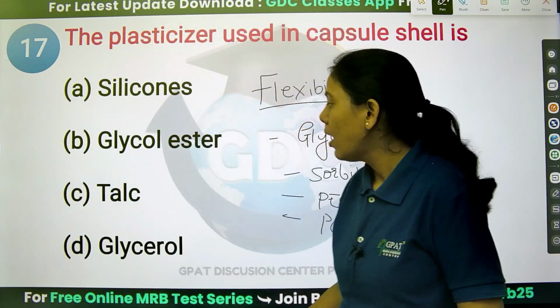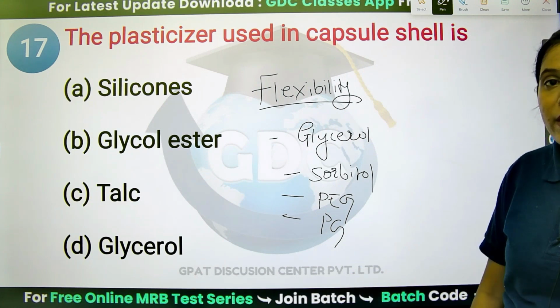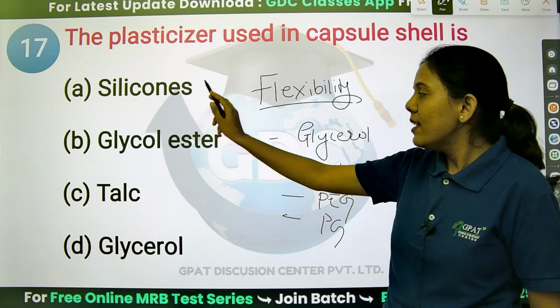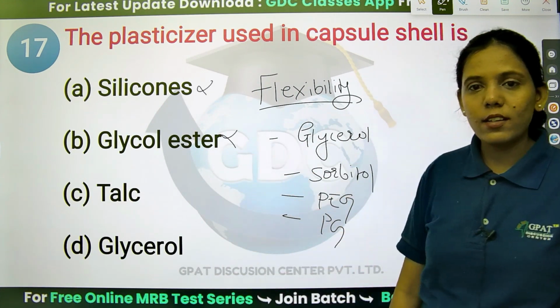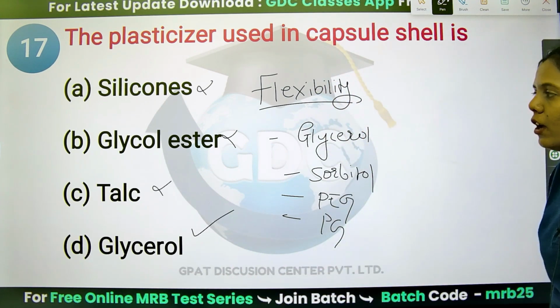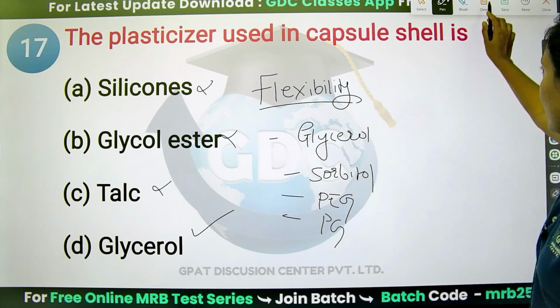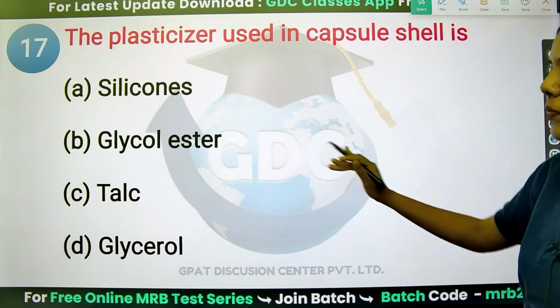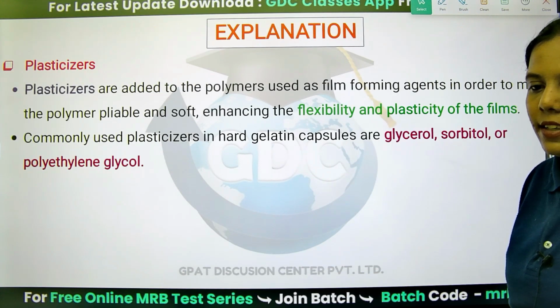So these are the plasticizers that we use in the soft gelatin capsule. Silicones are not there, glycol esters we are not using, talc we are not using, glycerol we are using. Okay, so they have certain viscosity which gives flexibility to the film. So glycerol, option D, is the right answer.